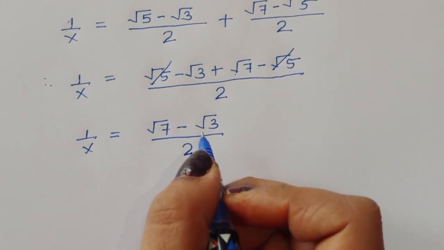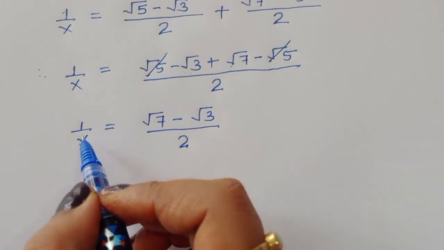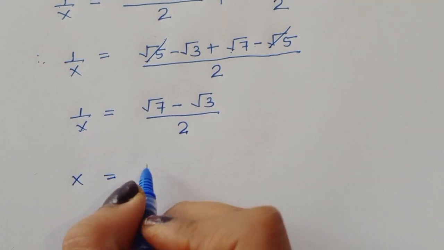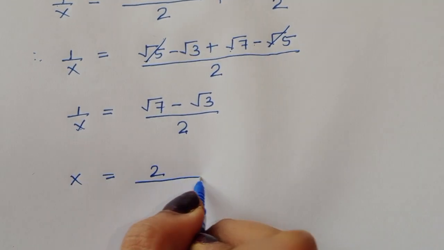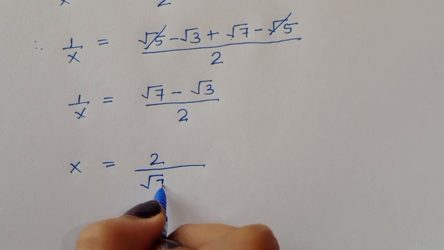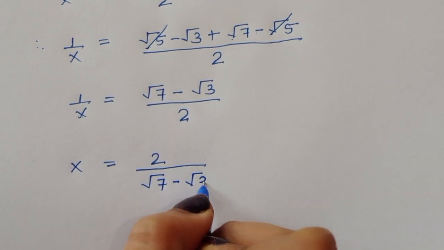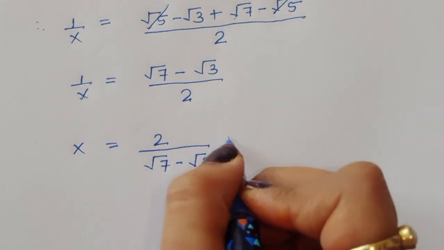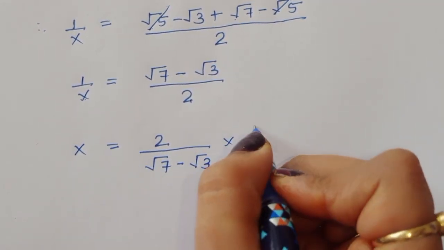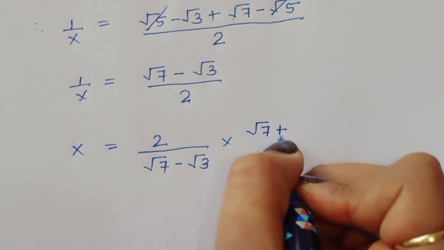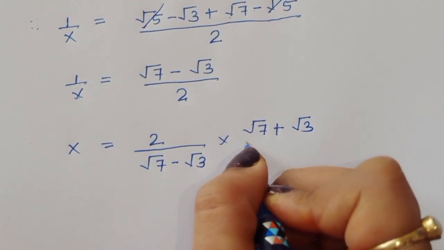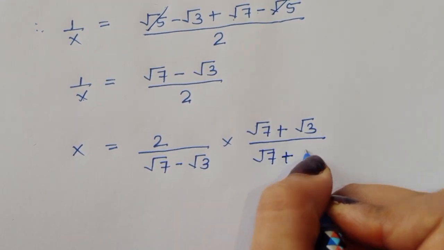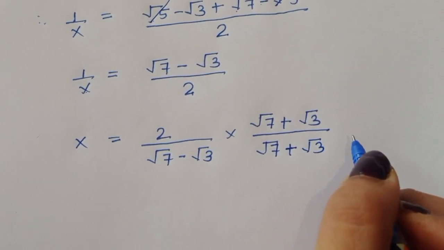This is the value of 1 upon x and we have to find the value of x. So we can write x is equal to 2 upon square root of 7 minus square root of 3. Now we can multiply and divide with the same term, that is square root of 7 plus square root of 3 divided by square root of 7 plus square root of 3, right?